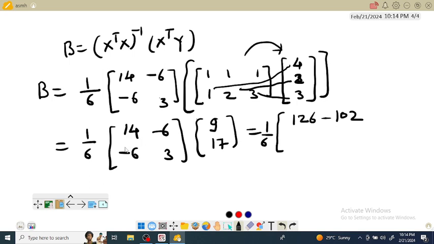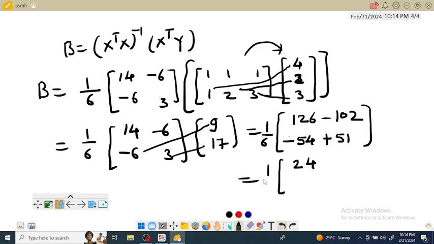Then next, minus 6 into 9 is minus 54 plus 17 into 3 is equal to 51. So 126 minus 102 is equal to 24, and 1 by 6 of minus 54 plus 51, which is minus 3.